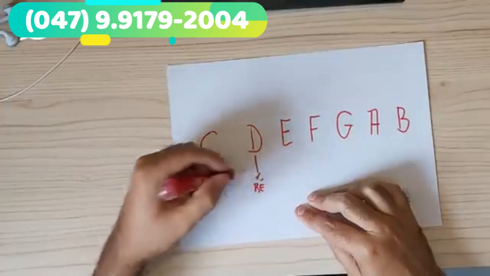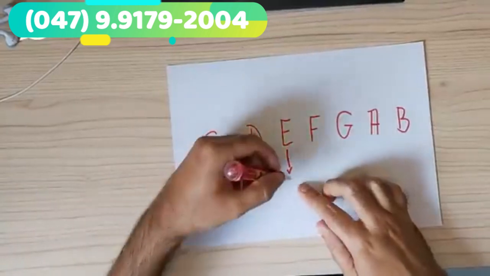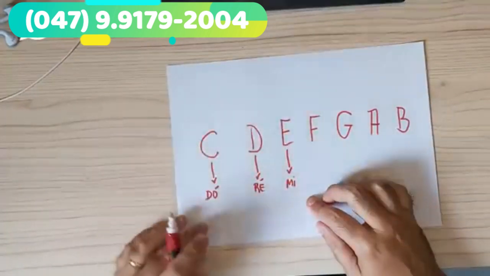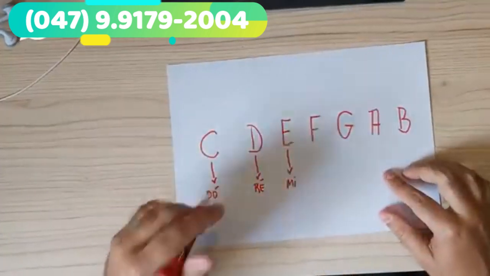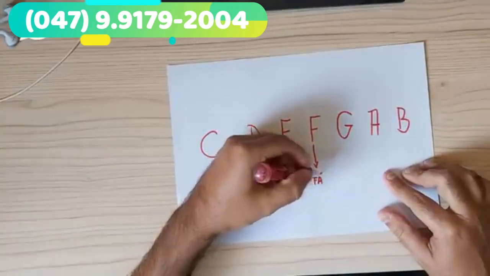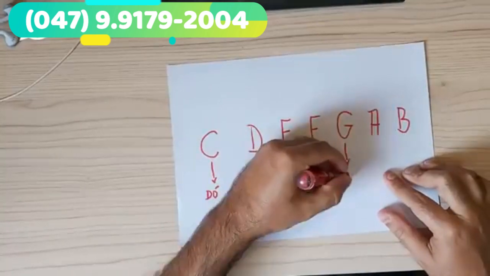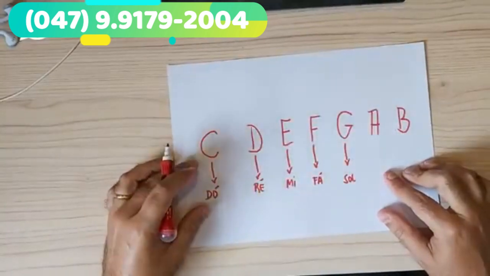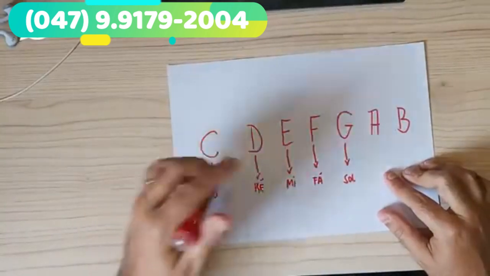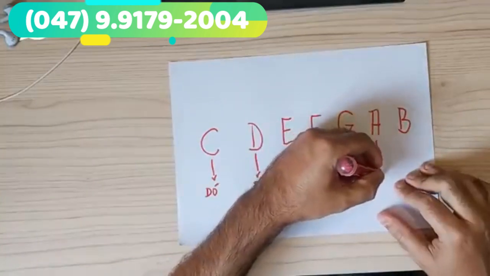Many people already know, but there are people who don't. The E, it's the sequence C, D, E, and so on. You'll find out, won't you? The F is the F, the G is the sol, the A is the la, and the B is the si. In other words, we have here the C major scale.